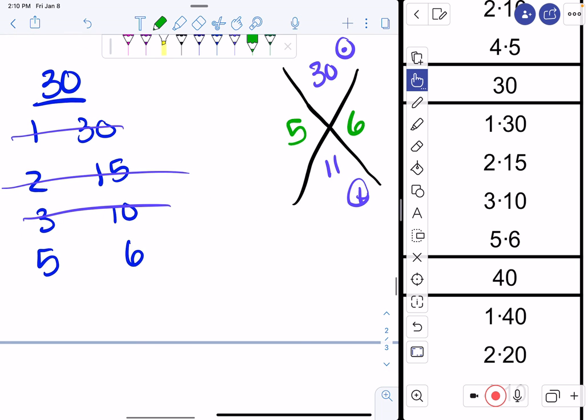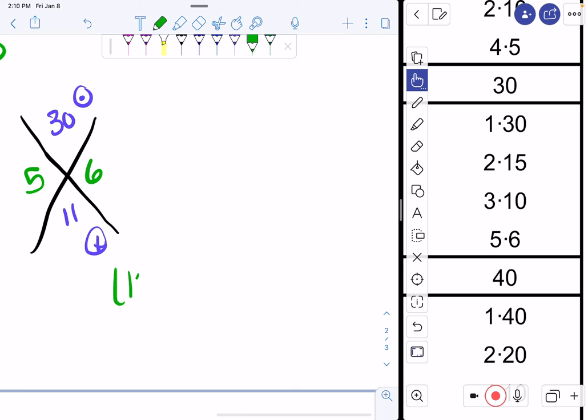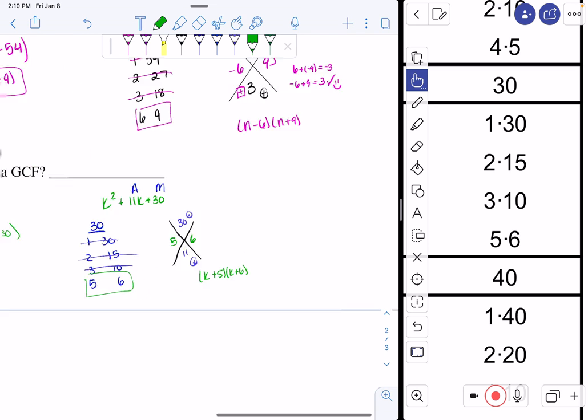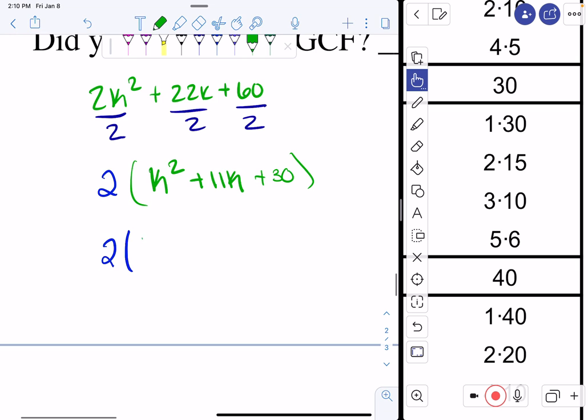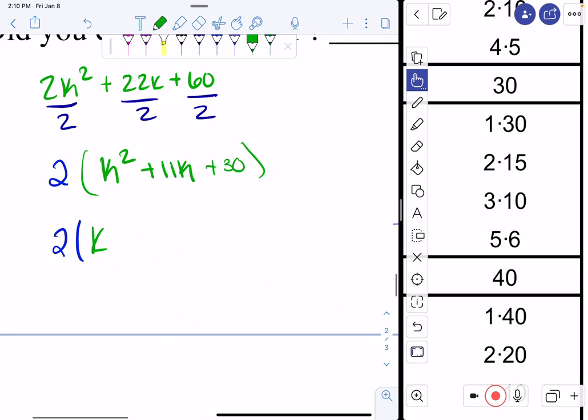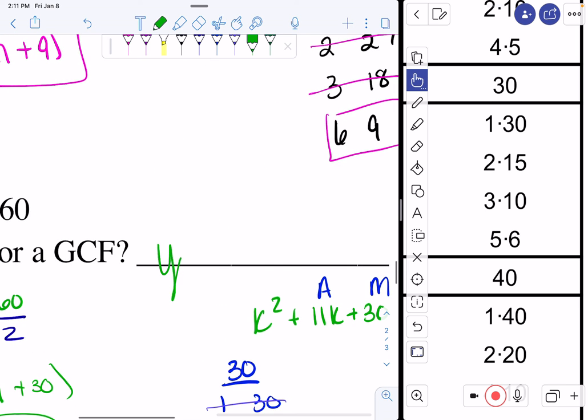So my factors are k plus 5 and k plus 6. Now we just make that substitution back into our original expression. And I have 2 times k plus 5 times k plus 6. And that's your final answer. So yes, we did check. Ooh, that looked ugly.